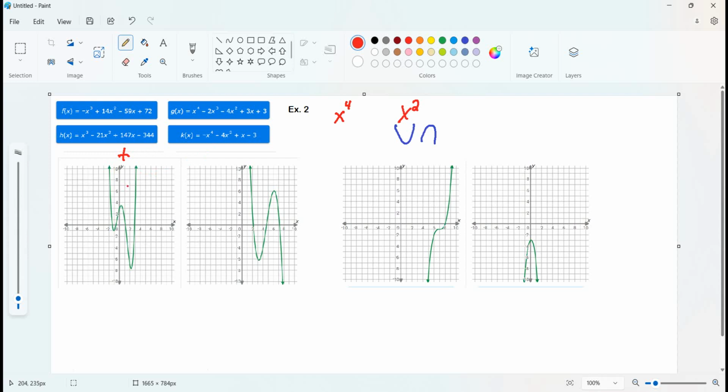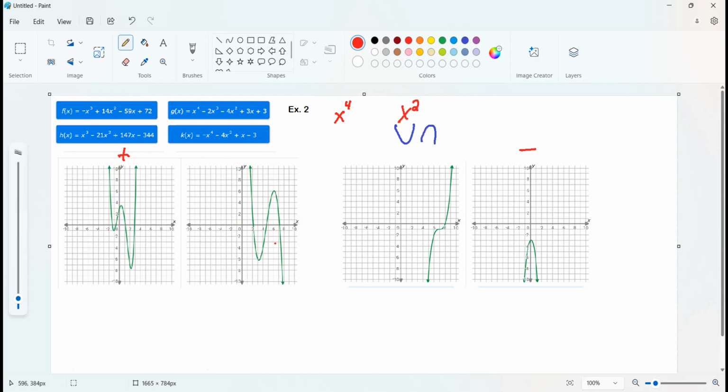But we can notice that they open upwards, and again, they can open downwards. So this one is a negative graph. This looks like an x to the fourth, but it's opening like that one.